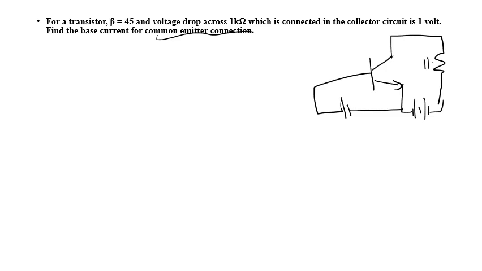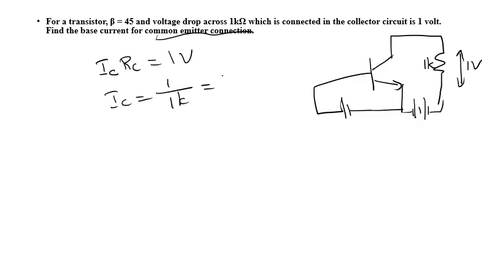This is 1 kilo and this voltage is given, that is 1 volt. So here the voltage drop across 1 kilo ohm resistance is equal to 1 volt, which means IC into RC equal to 1 volt. So IC is equal to 1 divided by 1K, that is equal to 1 milliampere.